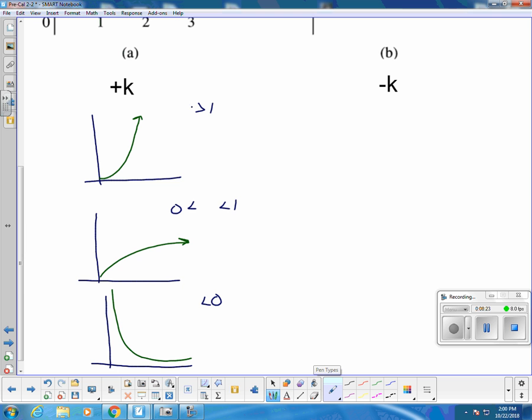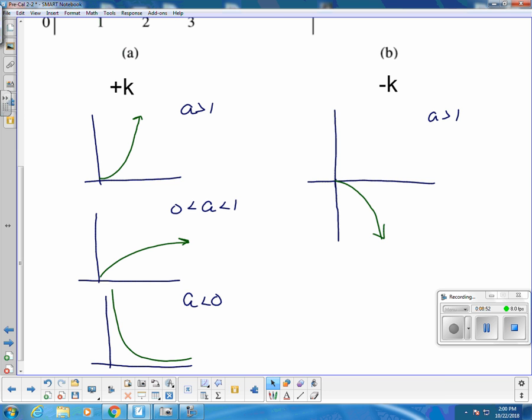So when your exponent is greater than 1, exponent's between 0 and 1, and the exponent is negative, you have those guys. If the k is negative, what happens? If that front number is negative, what happens to all of these guys? They flip. So a negative one here, for a negative k, a is still greater than 1, but it's a negative k. It looks like this. Right?